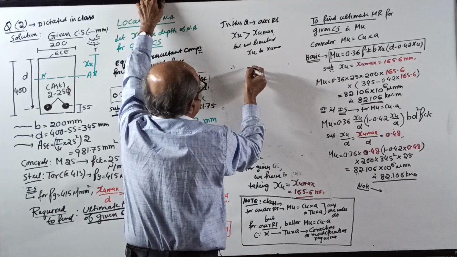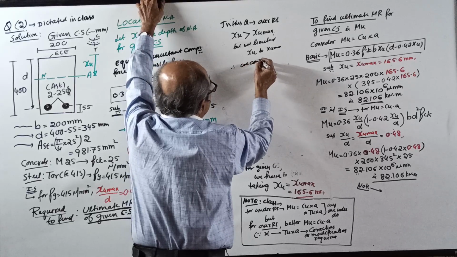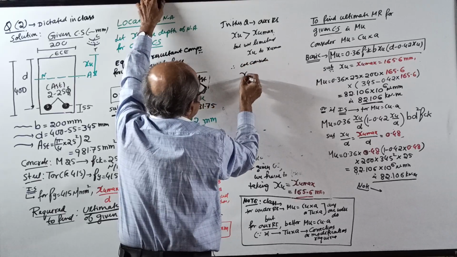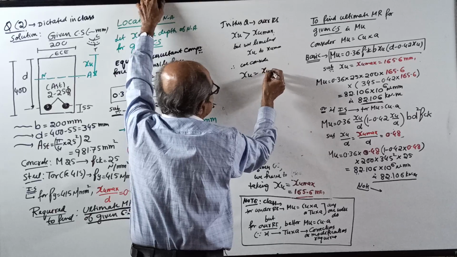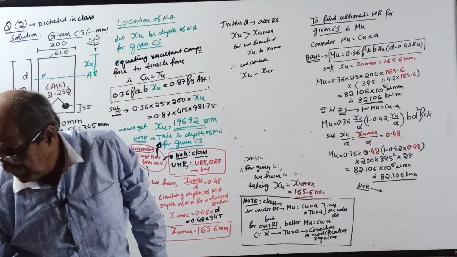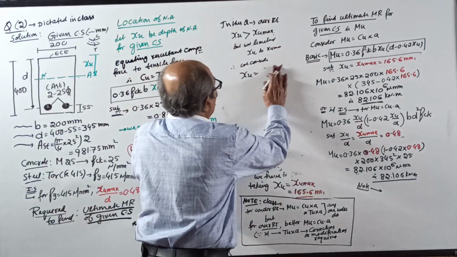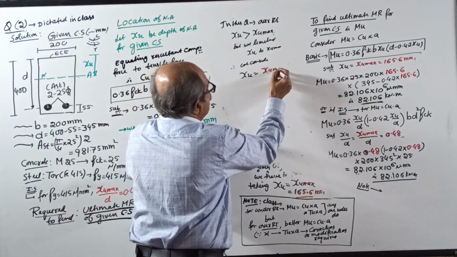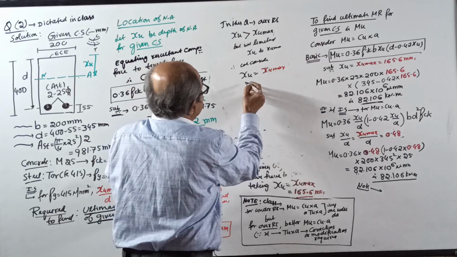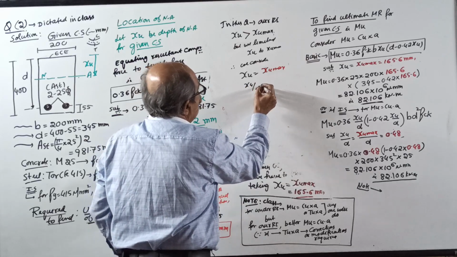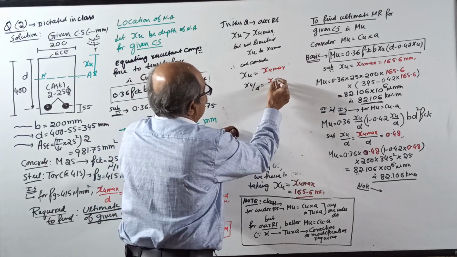Therefore, we considered XU equal to XU max. Red color, early, to understand. Red is better. We consider XU equal to XU max, or XU by D equal to XU max by D.